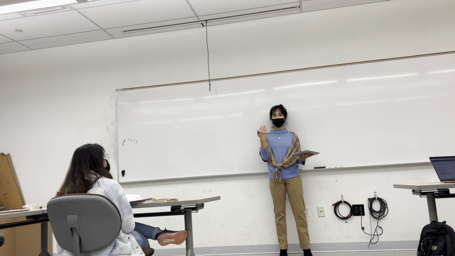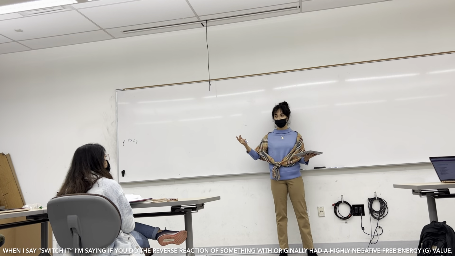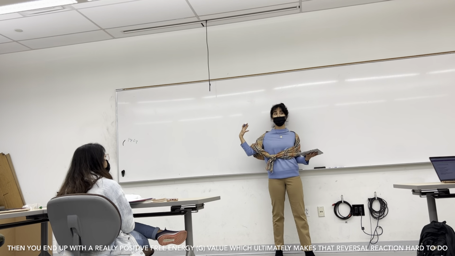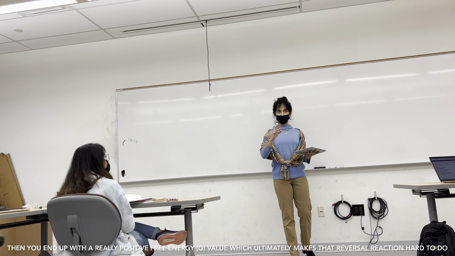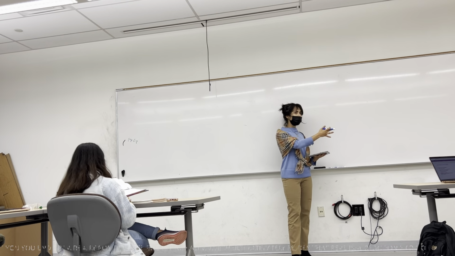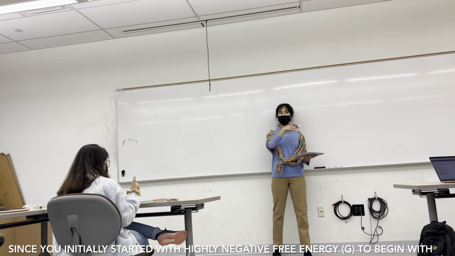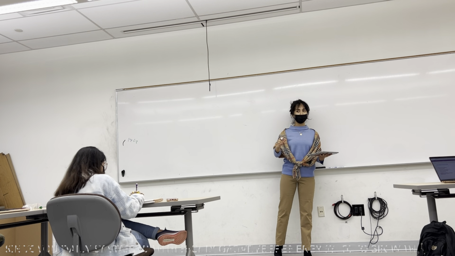If you switch it when you're doing reactions, the positive delta G is very, very high, meaning it takes a lot of energy to go back this way as well. So if you keep a reaction negative, so it's favorable, but not so negative that you can't go backwards if you really need to, then you're fine.